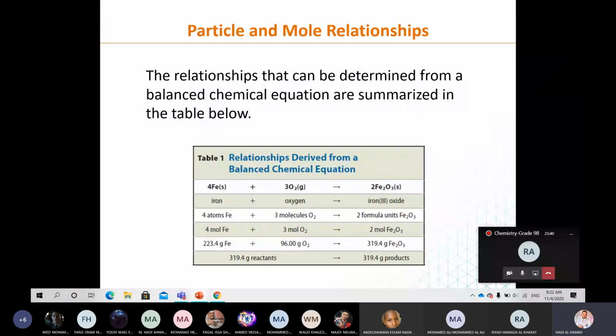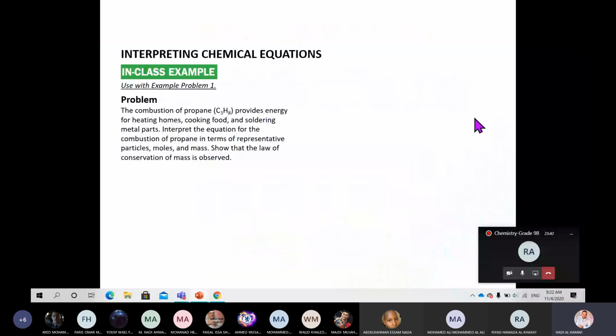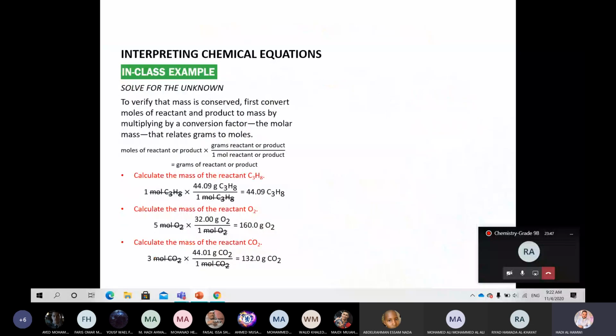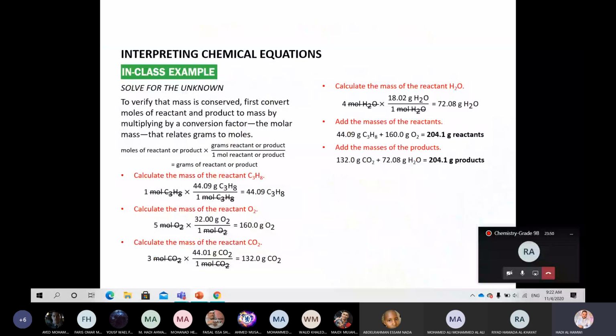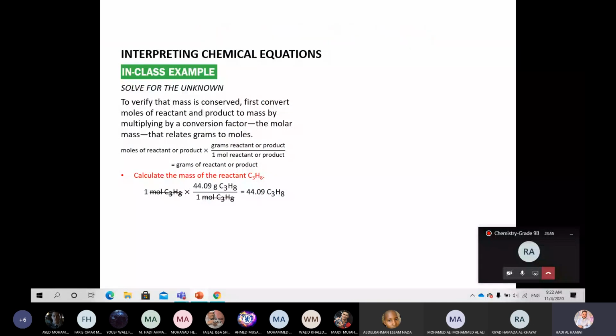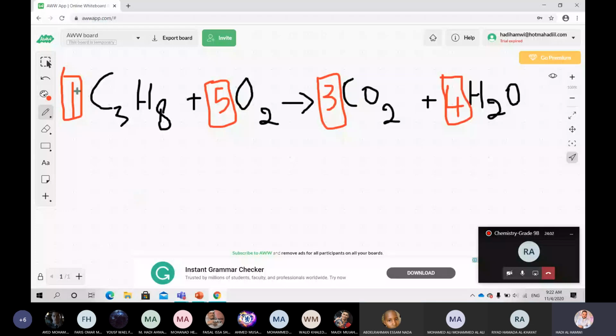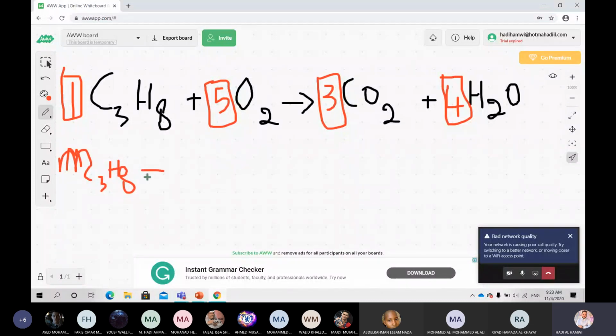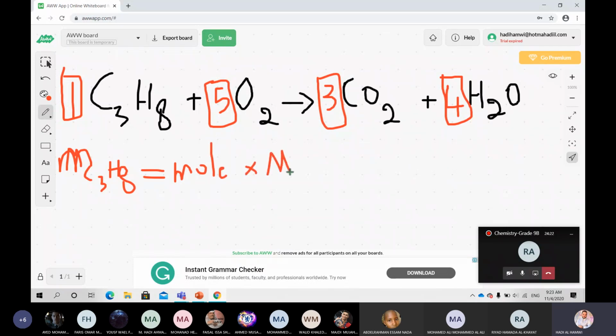Here, if you want to find the mass derived from this equation, as we said, I will not take time on it because we did it in the previous lesson. For example, you have 1 mole of C3H8. If you want to find the mass of C3H8, you multiply the number of moles by the molar mass.